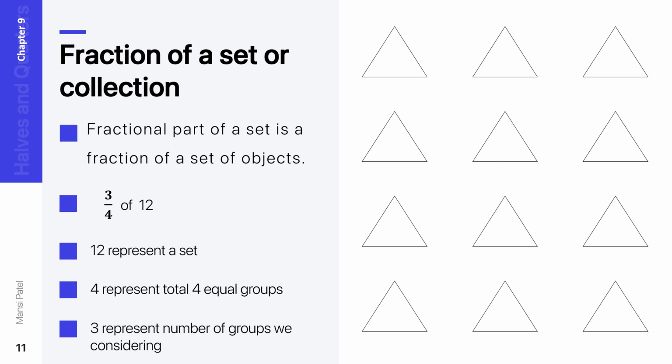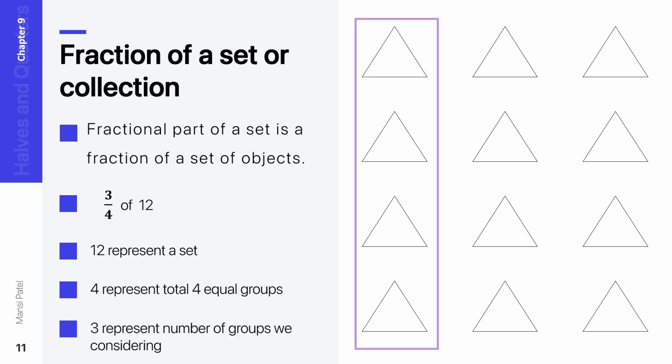In one group, we have to consider 3 things. So see here, in which way do you divide these 12 triangles? In one group, 3 things, and the number of groups is 4. Or we can say that if in one group there are 4 things, then the number of groups is 3.